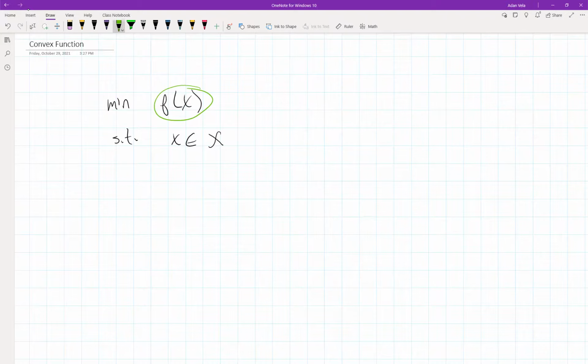Now, in our case, if we have a minimize problem, we want to make sure that our function that we're evaluating is convex, right? So a convex function, if we draw it, it looks like a bowl shape, okay?